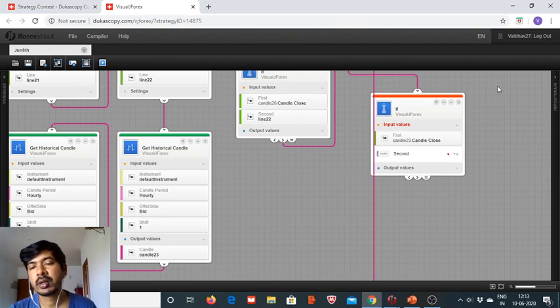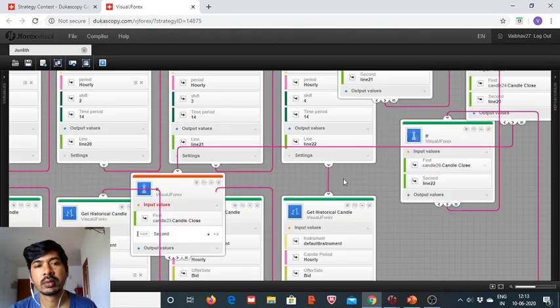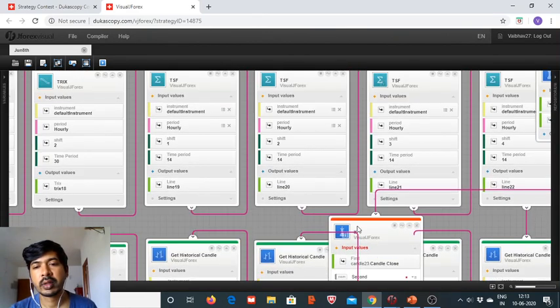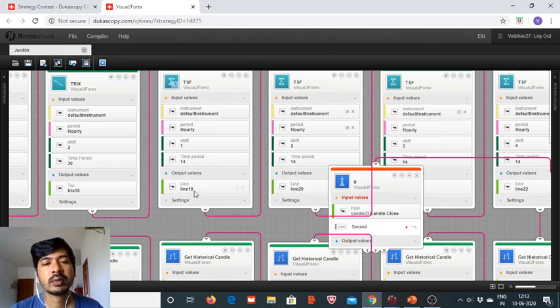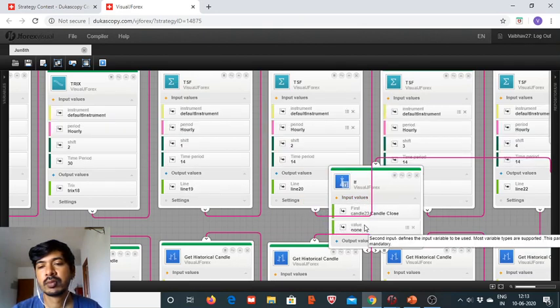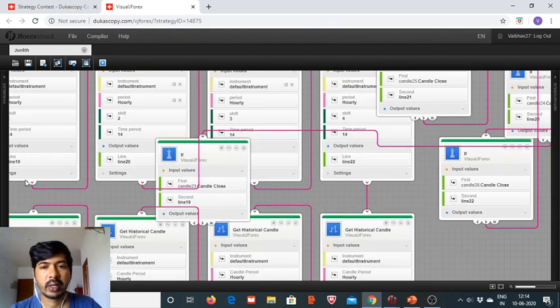So here it is line 19, that means candle 23 should be below line 19.